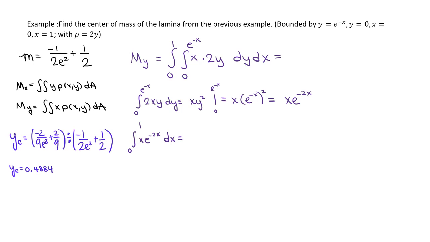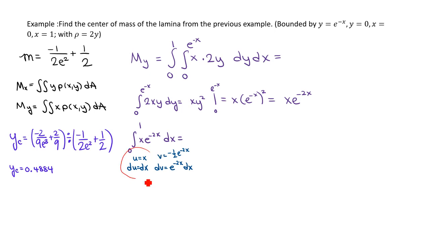Let's see, this is a product. Technically, there's not a product rule for antiderivatives, but the technique I use to deal with products like this is integration by parts. So I'm going to let my u equal the x, and I'm going to say dv is e to the negative 2x dx.